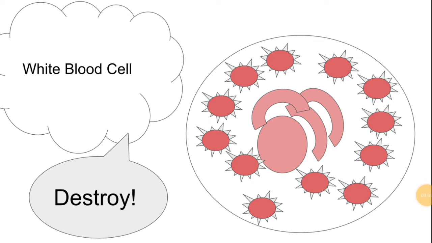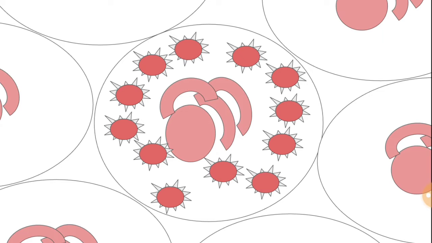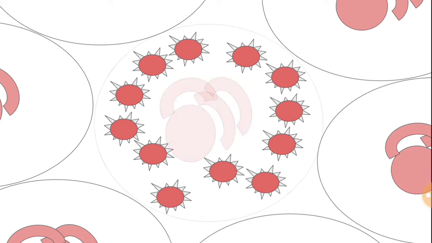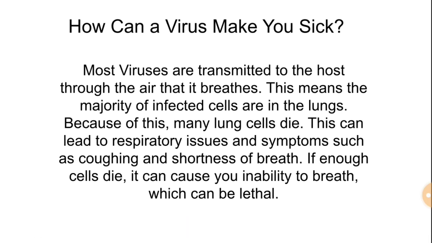When the cell is infested enough, white blood cells notice it and kill the cell and viruses inside of it. If white blood cells don't notice it, the cell will slowly die off because all of its nutrients are going to creating new viruses. Once the cell dies, it releases all of the viruses inside of it to infest the cells around it. Notice either outcome for the cell results in dying.